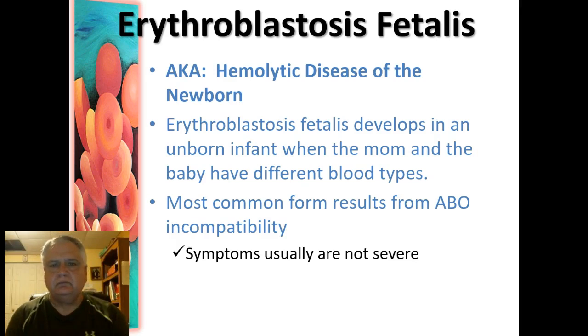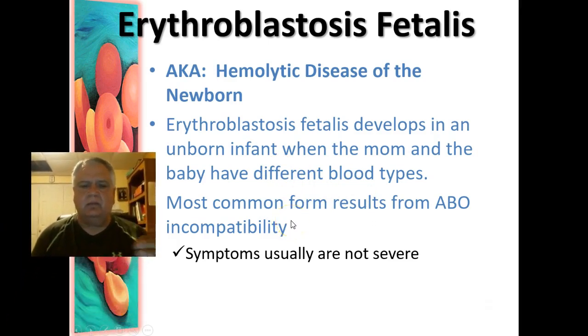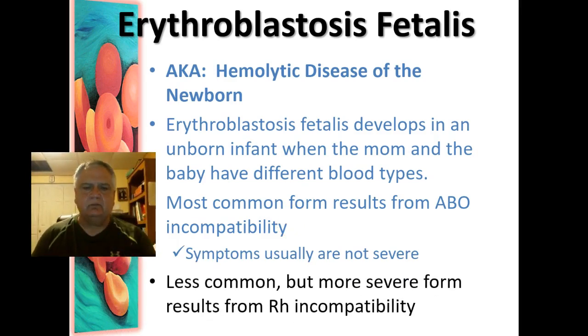And so those other cells may bind up the antibodies and have very few antibodies remaining to bind up or cause agglutination of the red blood cells. So for those two reasons, if the problem is from an ABO incompatibility, it's usually not very severe.